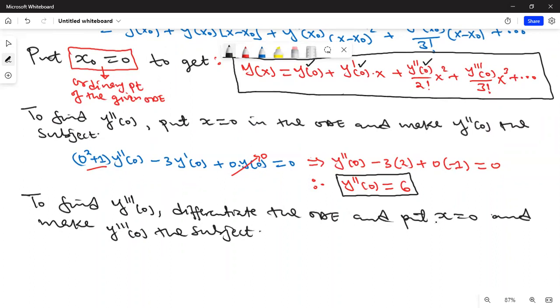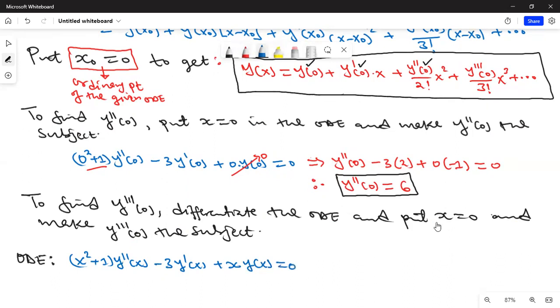So let's start by differentiating the ODE. The ODE that you are given was x squared plus 1 times y double prime of x, minus 3y prime of x, plus x times y of x, is equal to 0.